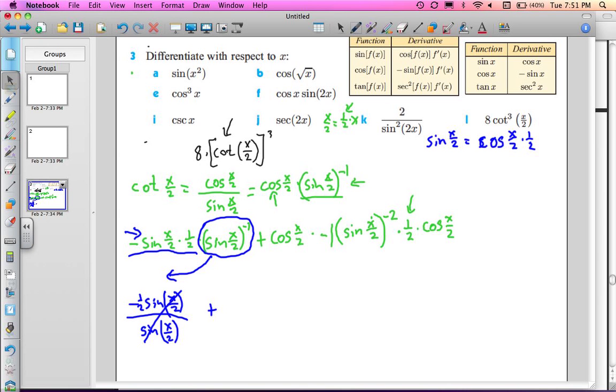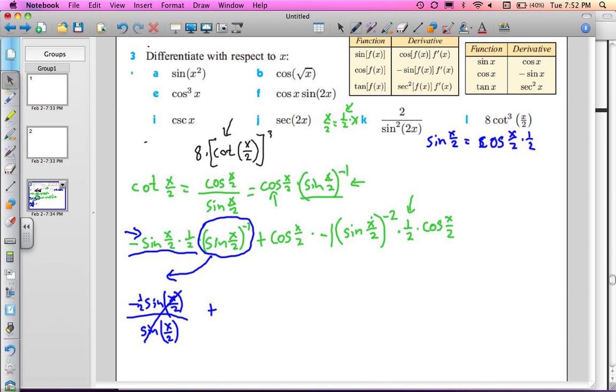Plus, and here we have, this one's a little bit longer, cosine of x over 2 times, remember, the negative sine of x over 2 to the negative second power times 1/2 times cosine of x over 2. So that's quite a mouthful. So let's put this into a fractional form, and you'll notice something kind of pops out right here.